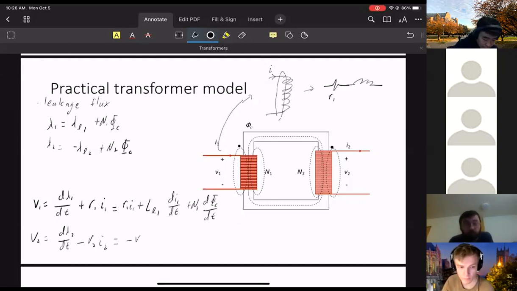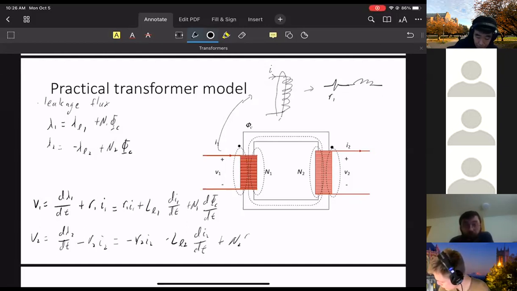So this is minus R2 I2 minus L2 dI2/dt plus N2 dφ/dt. Okay, so this is my equation for taking into account that this is not an ideal transformer.